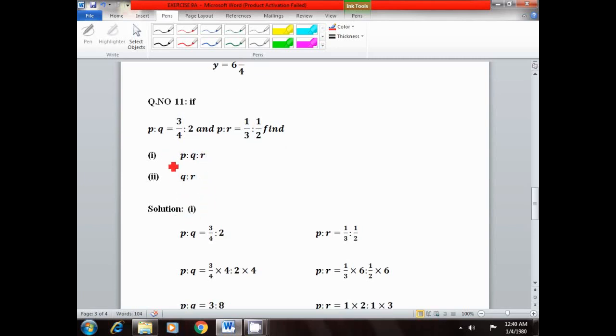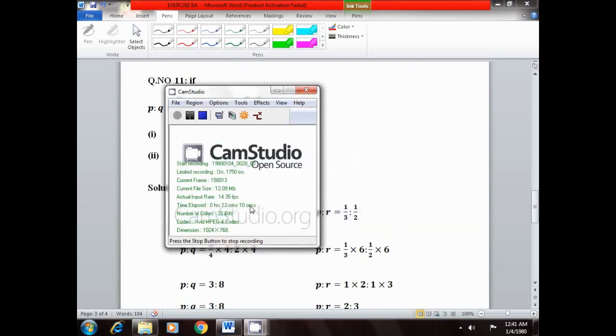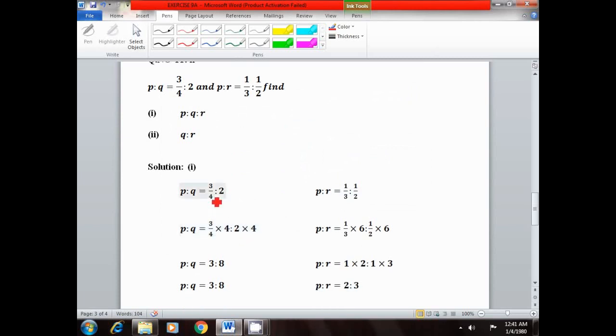We have given p ratio q equals 3 divided by 4 ratio 2, and p ratio r equals 1 divided by 3 ratio 1 divided by 2. Let's simplify them. First of all, we will remove the fraction. We have 4 at the denominator place, so we will multiply these two quantities, 3 divided by 4 and 2, by 4, to remove the fraction.